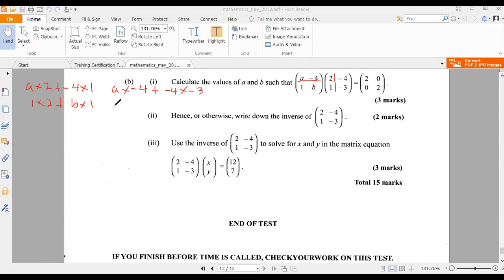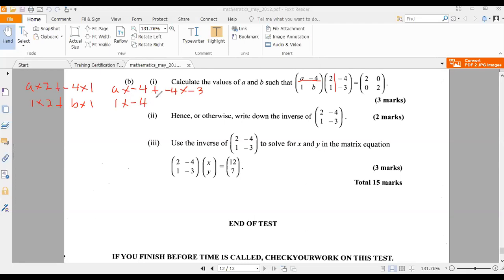What will I write for the last row here? You want to try it? The last row. This one here. What will I put here now? 1 times -4, yes.